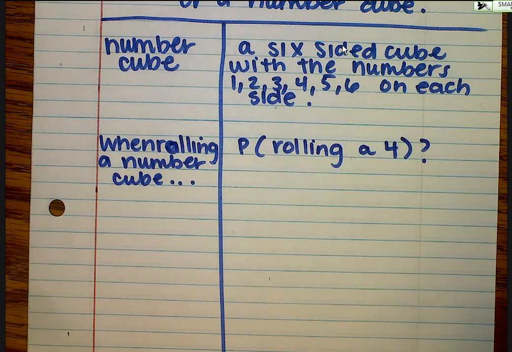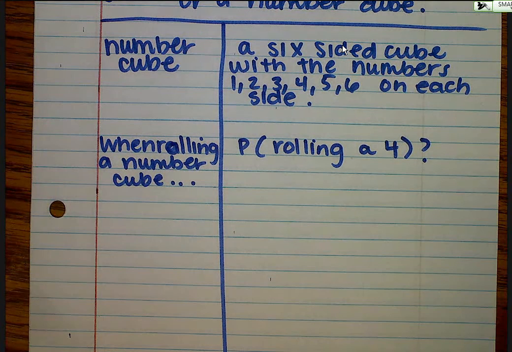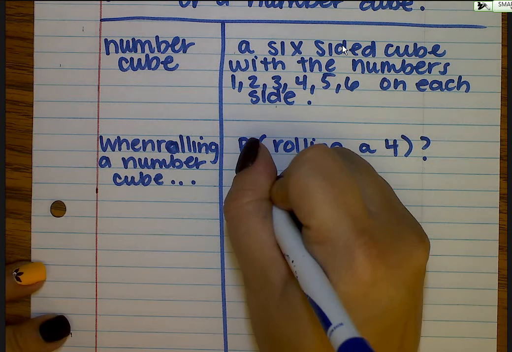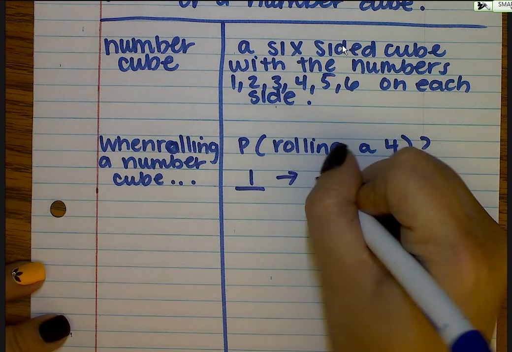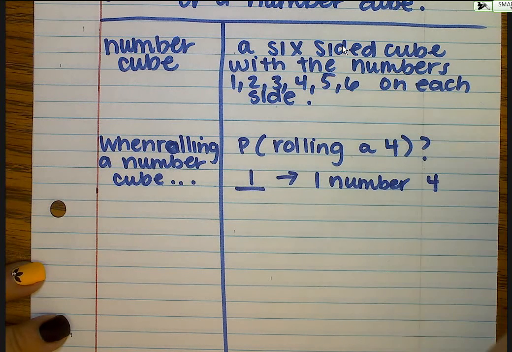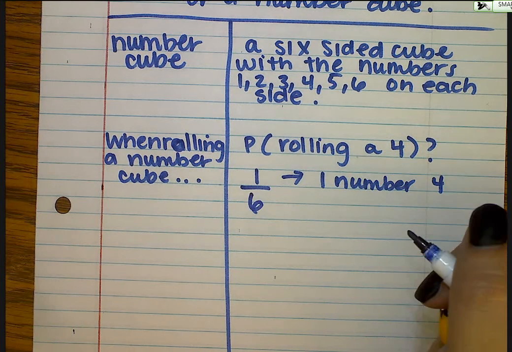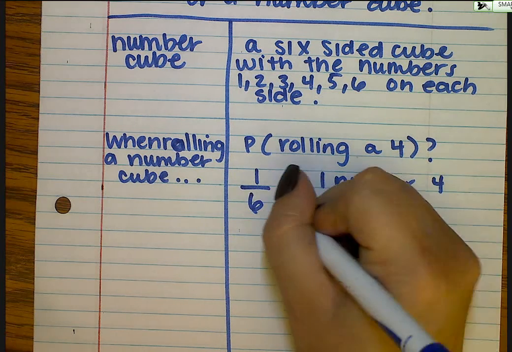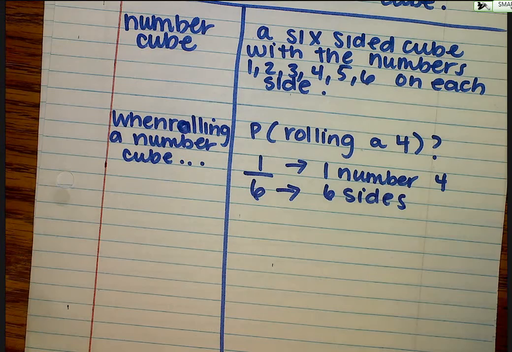Well, if you think about a six-sided cube, how many 4s do we have? We only have one 4 on a six-sided cube. So 1, because we have one number 4 on a cube, out of how many sides total? Well, we know a cube has 6 sides. So 1 out of 6 is our probability of rolling a 4.